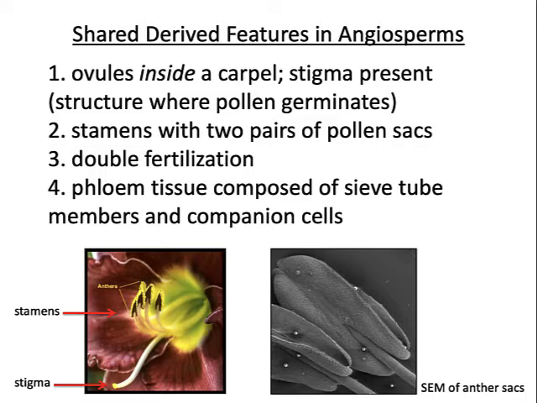Stamens are typically with 2 pairs of pollen sacs, and double fertilization is common in the angiosperms. The double refers to the fact that there are 2 sperm nuclei that are needed in order for an embryo to be produced. Lastly, the phloem tissue is composed of sieve tube members and companion cells.